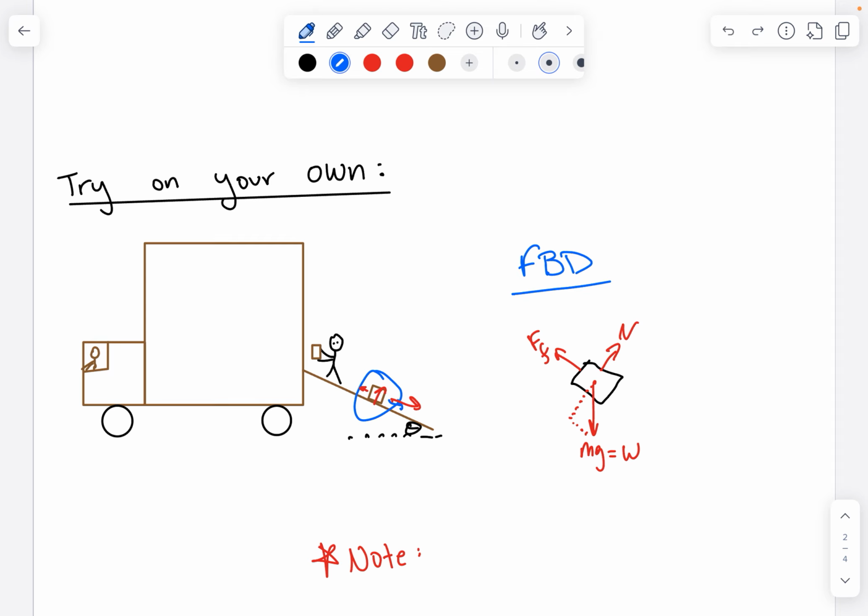We have a force to the right, which is the x component of weight, right? We have a force pointing up, which is the normal force, and we have a force pointing down, which is the y component of the weight. So free body diagrams should always equal out. And that is one thing you can do to check.